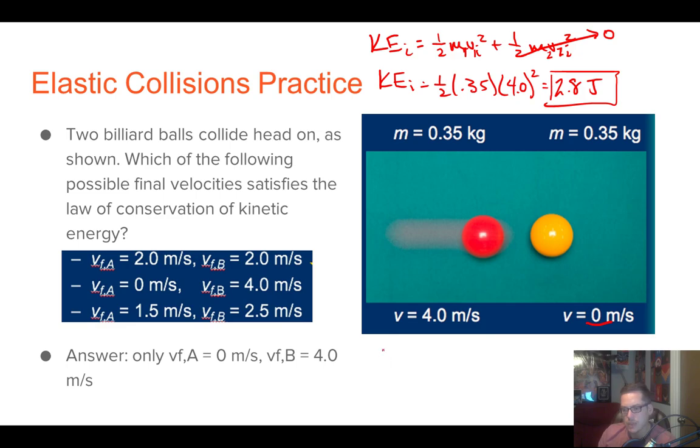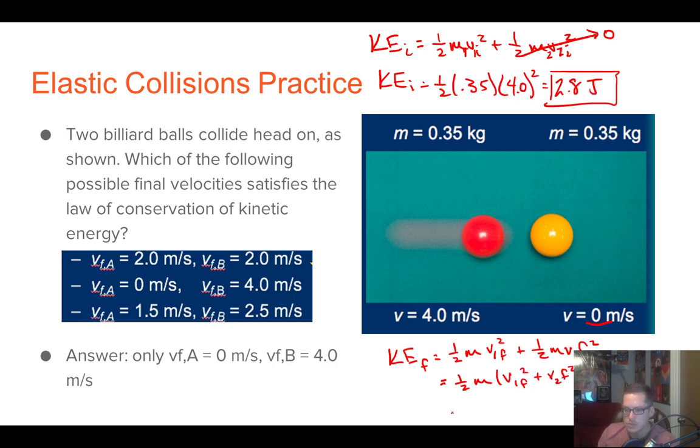So kinetic energy final will be equal to 1/2 m v1 final squared plus 1/2 m v2 final squared. Now let's pull out the 1/2 and the m. So it'd be 1/2 times m times (v1f squared plus v2f squared).